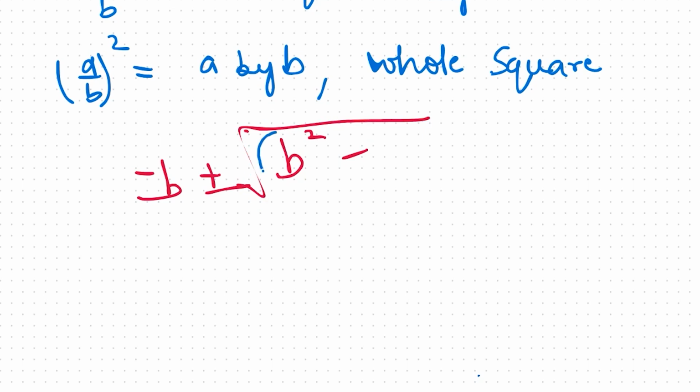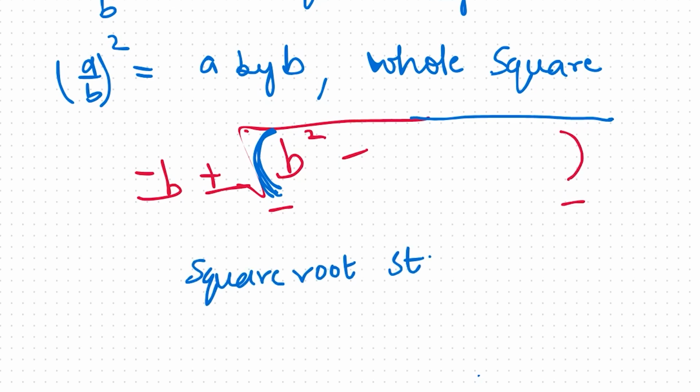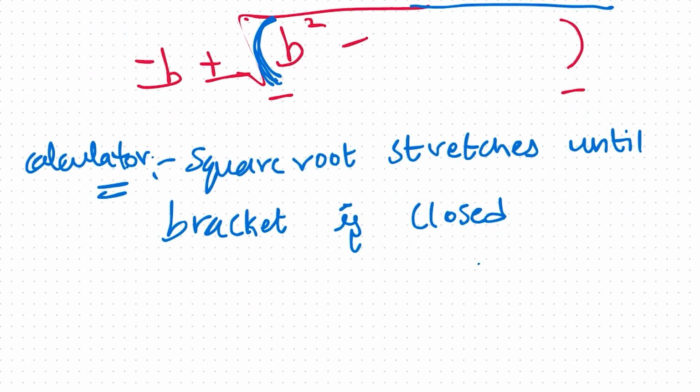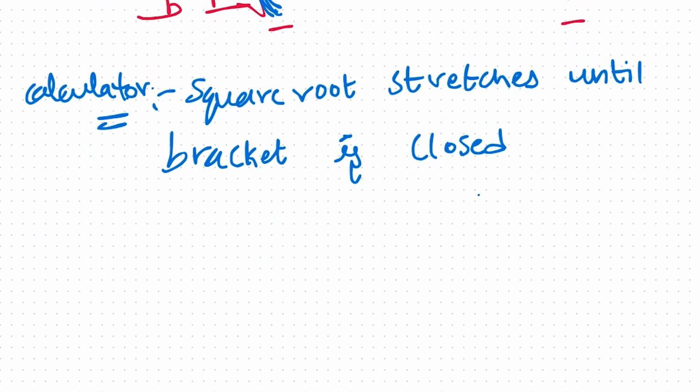But usually, to avoid mistakes, if you open up with this bracket, the square root stretches until you close the bracket. Calculator commands. So you are going to use a calculator, so it's important to understand how it is going to work.